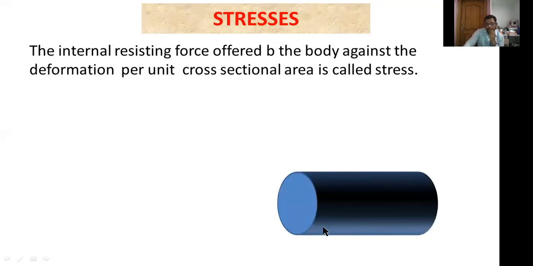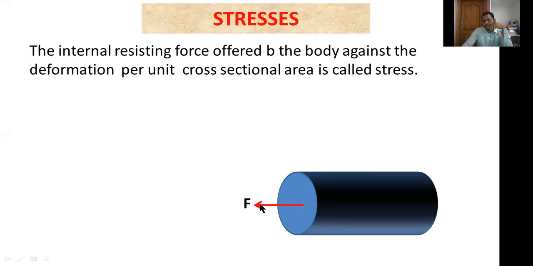This is a body. Now this is the cross section. The cross section here is a circular cross section. So here the load is acting on a plane, that is, the load is acting on the cross section. F is the load.